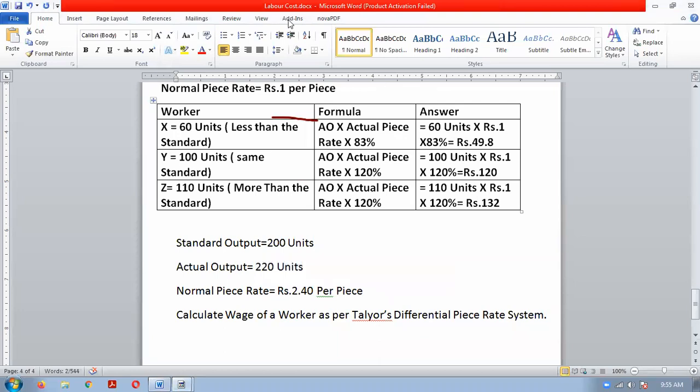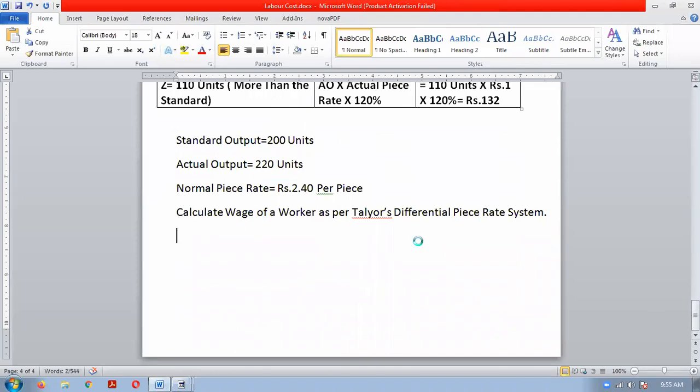So if actual output is more, we will apply 120%. So simple. If actual output is more, employee should be rewarded, no? So we will give him 120%. The formula will be the same only.